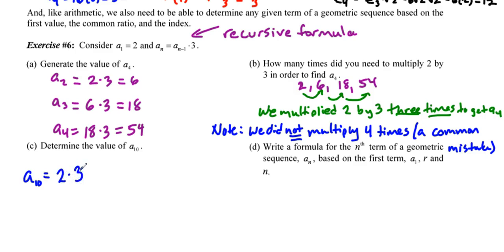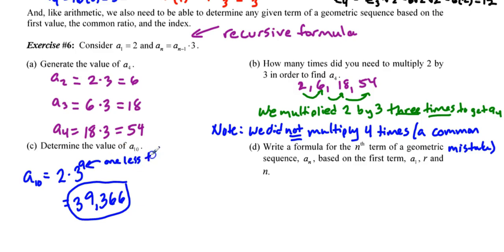How many times? Well, 1 less, and multiplying by 3 many times involves an exponent, right? So it's 9 here. So then you just work that out. Turns out it's 39,366. Here we make a little note: 1 less than the term number.